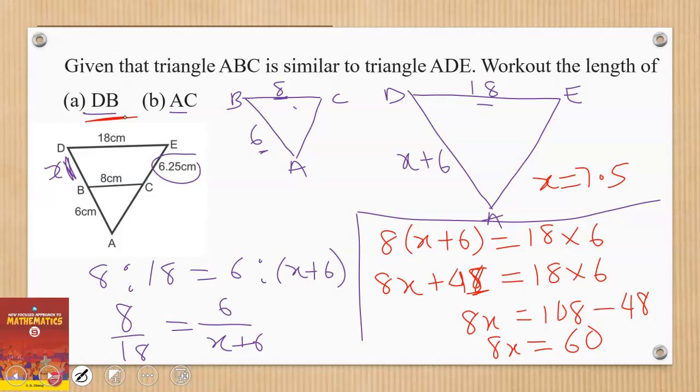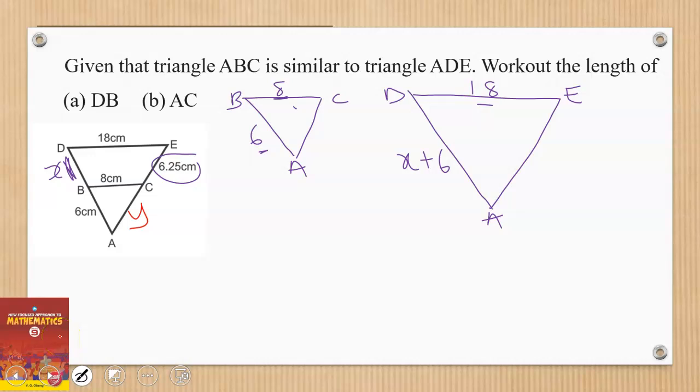Okay, we can use the same idea to find AC. Let's assume that AC is y. Using the same approach, we can also write an equation like this. Now the whole of EA can be written as y plus 6.25, right?